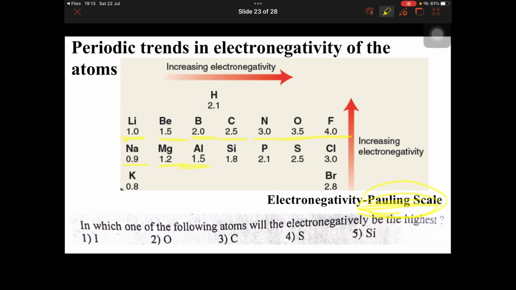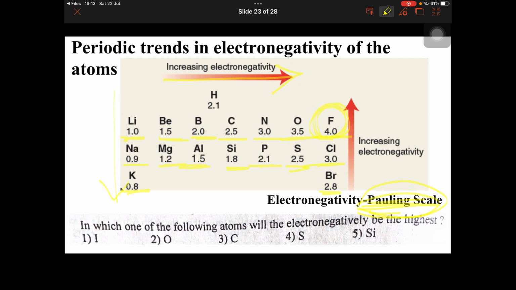So these are just a set of numbers for you to compare, which is the most electronegative element, that is fluorine in the periodic table, and what about the other elements. And you can see there is a general trend across the period. There is a tendency to increase the electronegativity, and down the group there is a tendency to decrease the electronegativity.